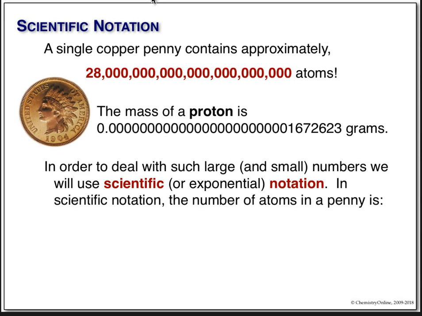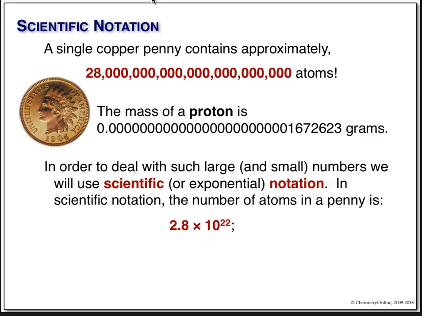All right, well, let's go back to our penny and our 28 sextillion atoms. I said that we express these numbers in scientific notation. 28 sextillion in scientific notation looks like this, 2.8 times 10 to the 22nd.